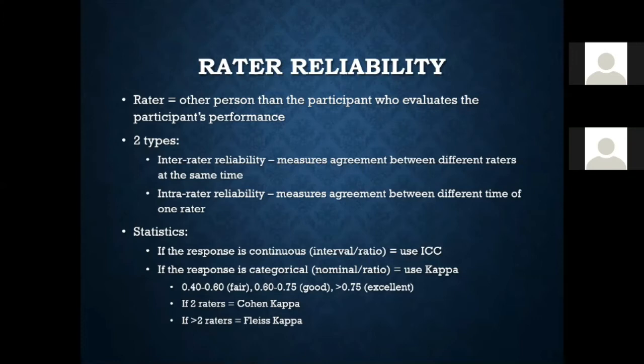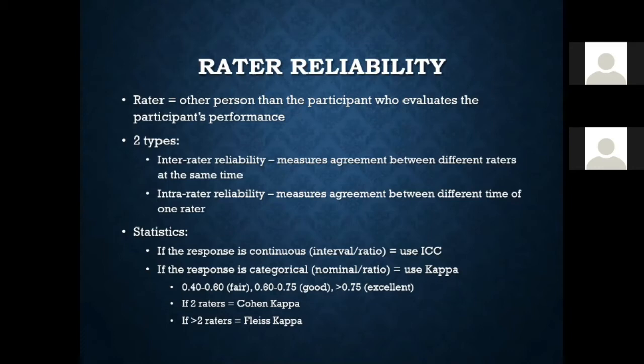Sorry, modified Barthel index is a good example, but quality of life is not a good example of rater reliability, because you yourself as a participant need to rate yourself, since it is self-rated. Rater is about another person rating. So if the response is continuous, use ICC. If the response is categorical, you can use kappa statistics. ICC more than 0.7 is good. For kappa, 0.4 to 0.6 is fair, 0.6 to 0.75 is good, and more than 0.75 is excellent.